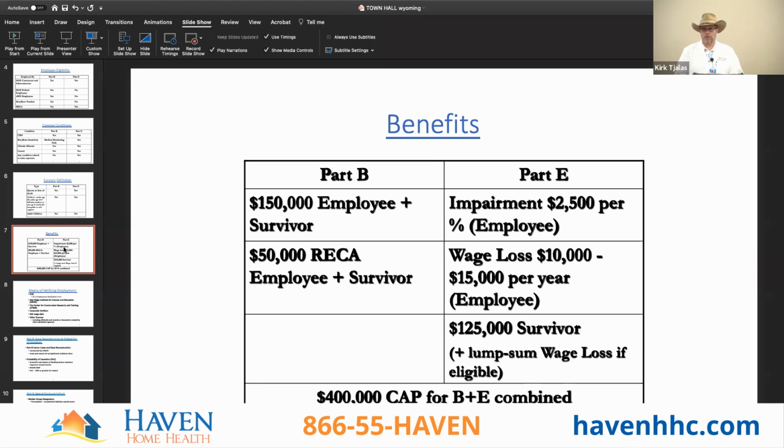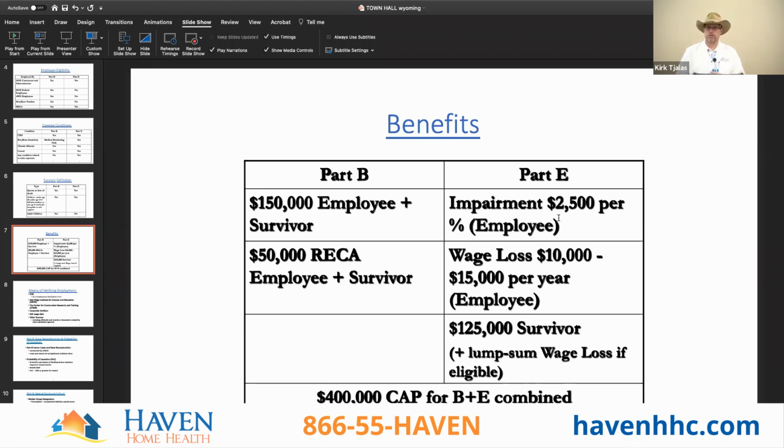So the Department of Labor is very specific when it looks at an injured worker and what kind of things they're entitled to. So if you're before the age of retirement, you're entitled to wage loss. And wage loss is a percentage of this amount of money that you're entitled to. Under Part E as in Edward right here, we can see that impairment is $2,500 per percentage of disability.